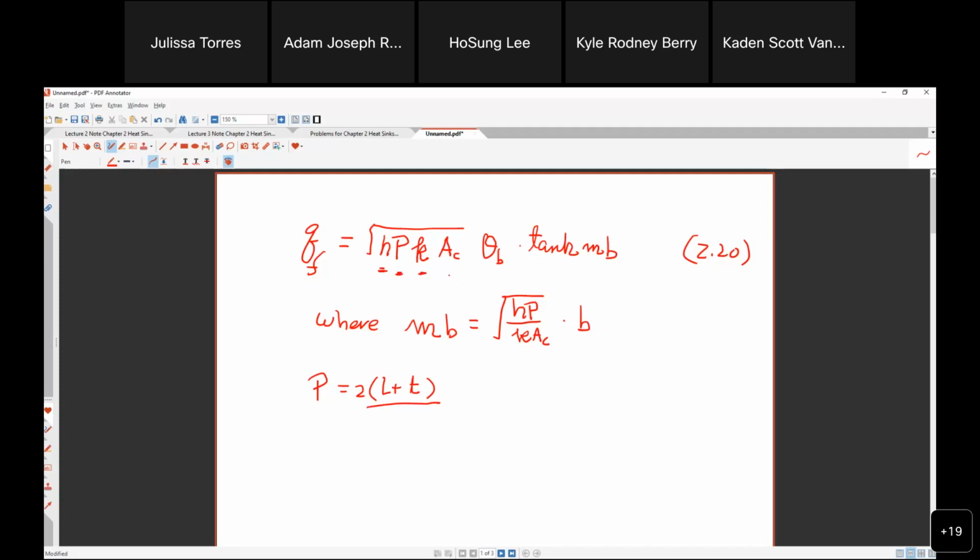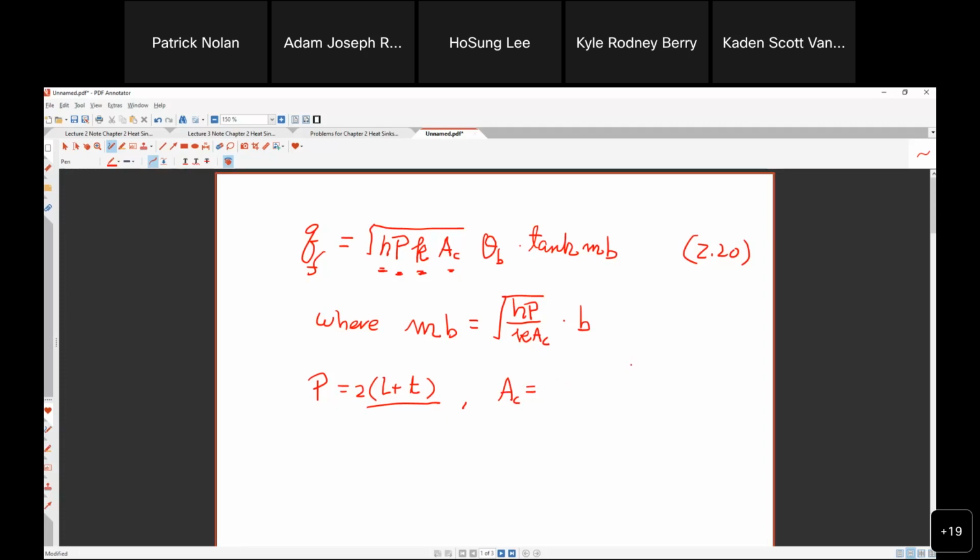Thermal conductivity? Yes. What is the A_c? A of c. That's the area of the cross section? Yes, cross-sectional area. So what would this cross-sectional area be?